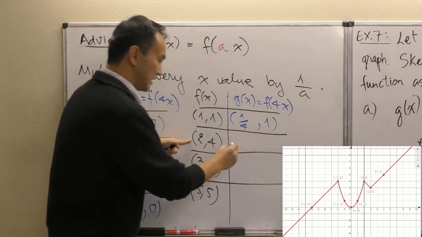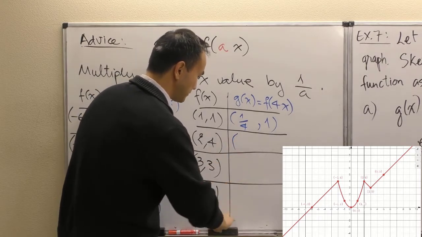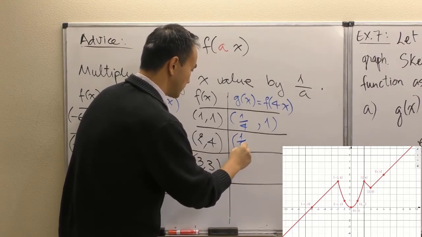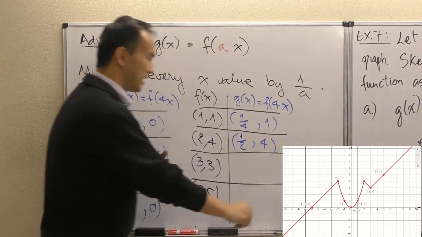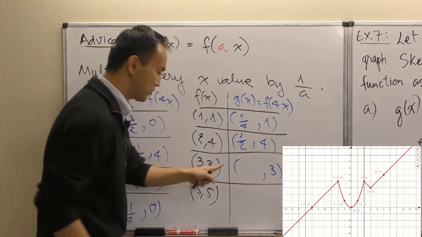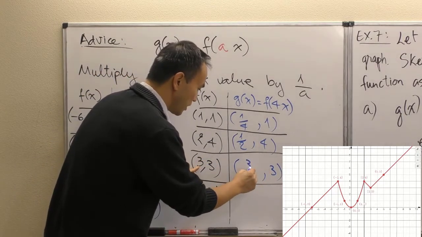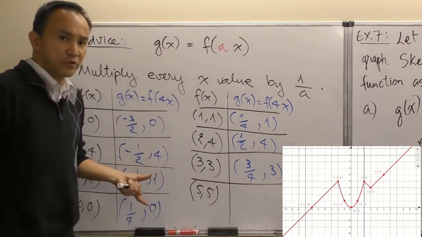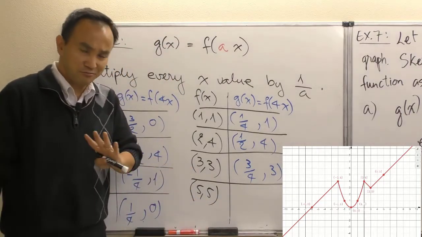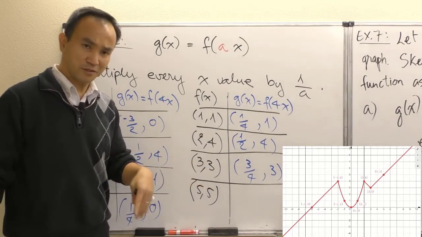Okay, now that is 2/4 or 1/2 for x, okay, 4 for y. That here is going to be 3 as a y value. It stays the same. This x value multiplied with 1/4 gives me 3/4. And so it is extremely crucial that you are fluent, whoever is viewing this lesson, you are fluent with working with fractions.